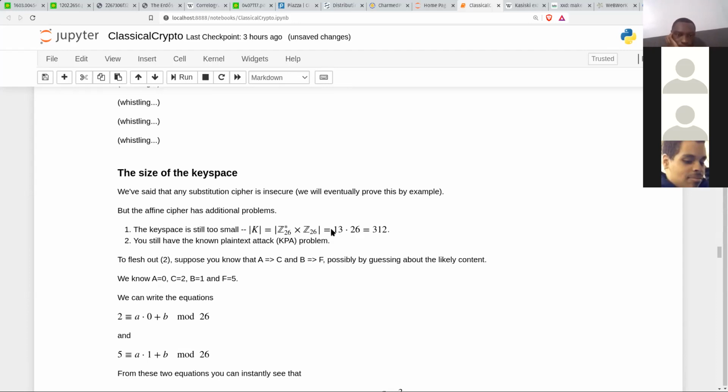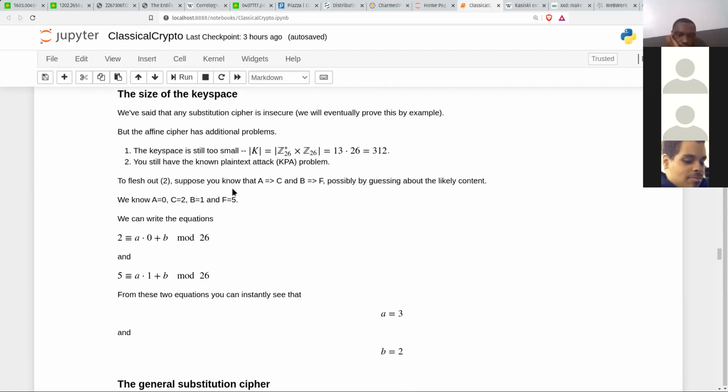You have 13 things in Z26 star, and 26 things in Z26. So there are 13 possibilities for A and 26 possibilities for B, which is only 312 keys. That's still something your computer can check in a nanosecond. But you also still have what we call the known plaintext attack from before.